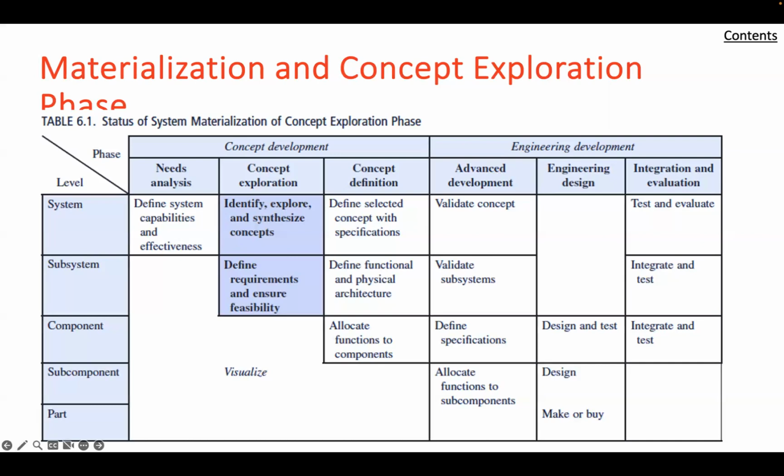The degree of system materialization addressed in this phase has progressed to the next level, namely the definition of the functions that the system and its subsystems must perform to achieve the operational objectives, and to the visualization of the system's component configuration. And this is shown in the table that I'm sharing right now.